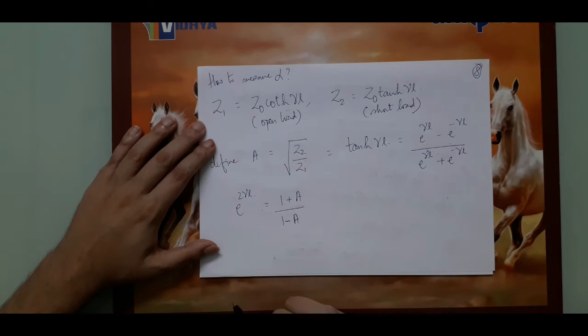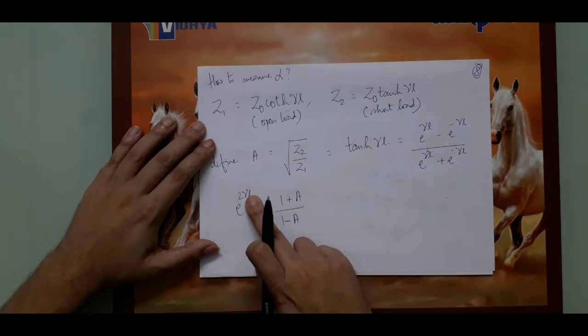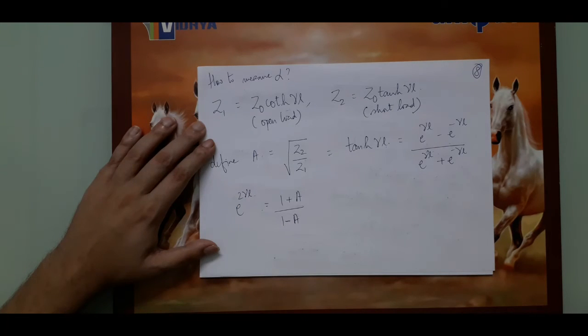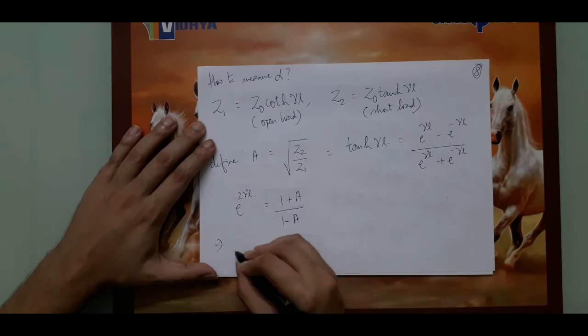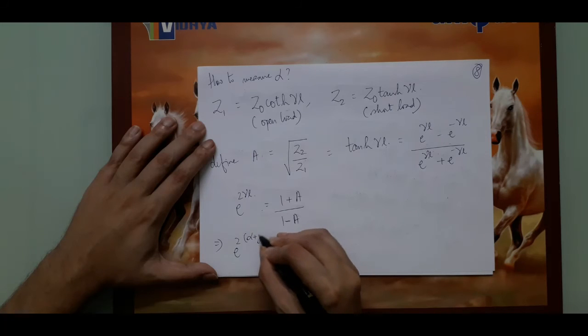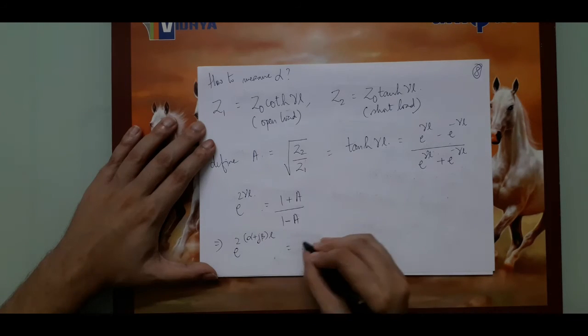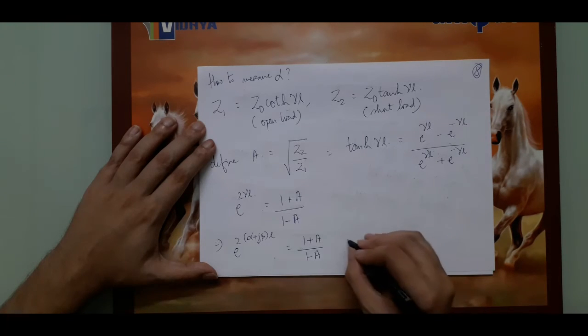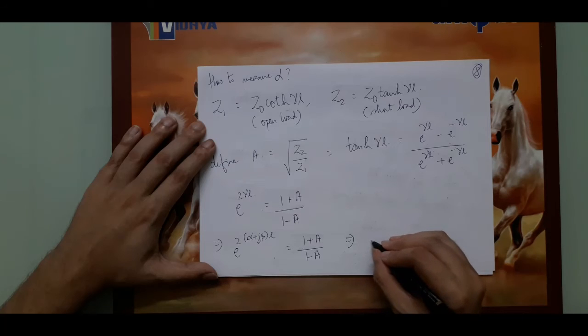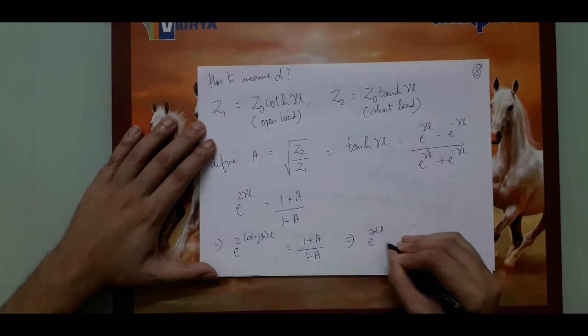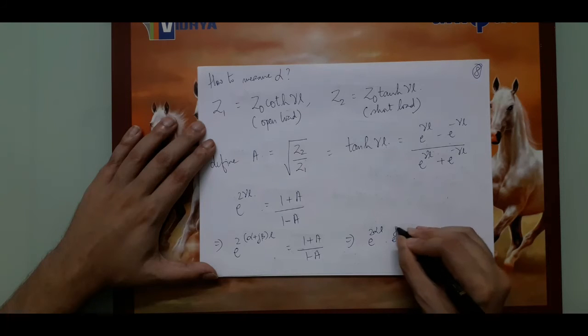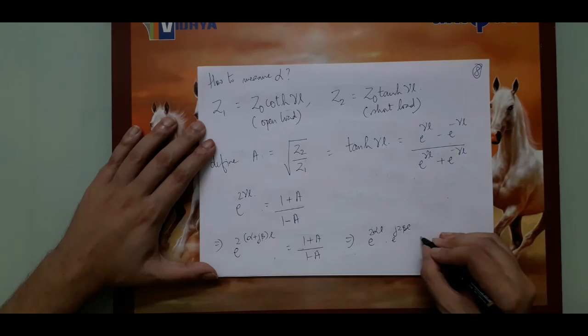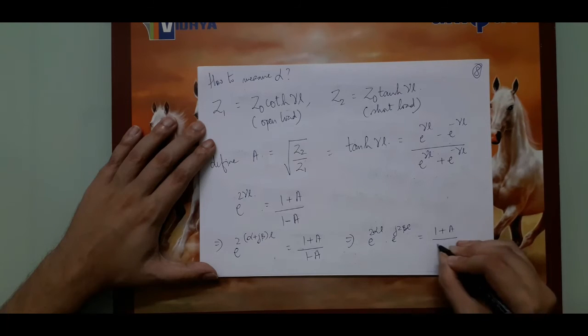The quantity A we know by measuring Z1 and Z2 from our impedance analyzer. L also I know. What remains is gamma. So therefore, I can say that e raised to 2 times (alpha plus j beta) times L is (1 plus A) by (1 minus A). So again, this would be e raised to 2 alpha L times e raised to j2 beta L, that is equal to (1 plus A) by (1 minus A).